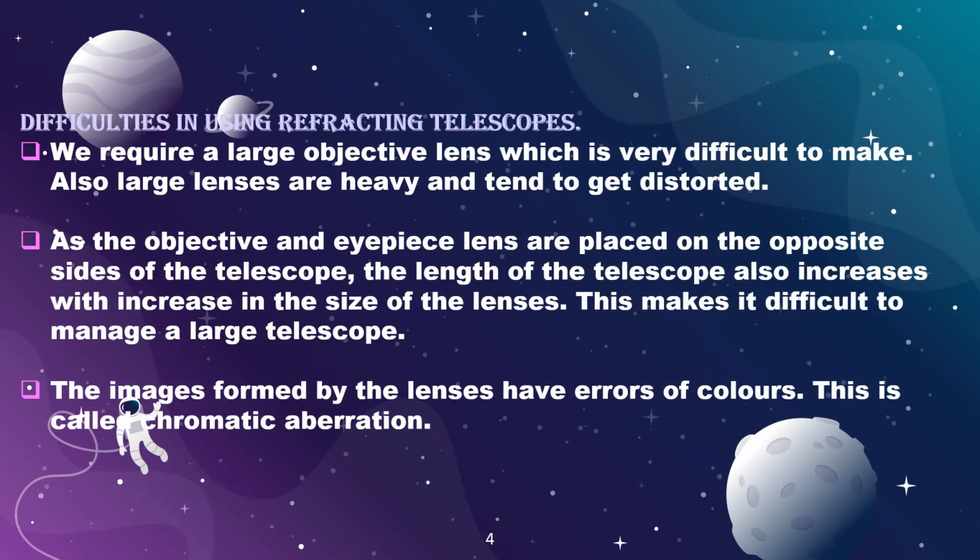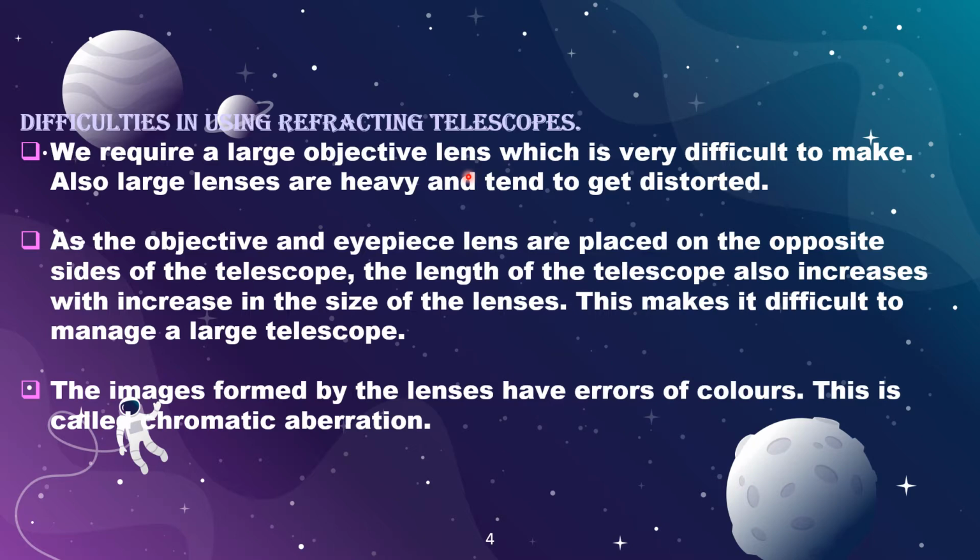Although a refracting telescope is very useful for space observation, it has many shortcomings or difficulties. Let us see what the difficulties in using refracting telescopes are. To obtain a bright image of any source by collecting the maximum possible light from it, the objective lens should be large enough. However, it is very difficult to make such large lenses.